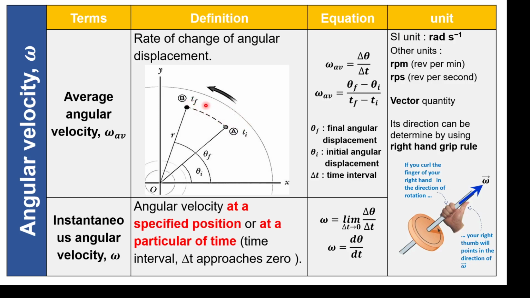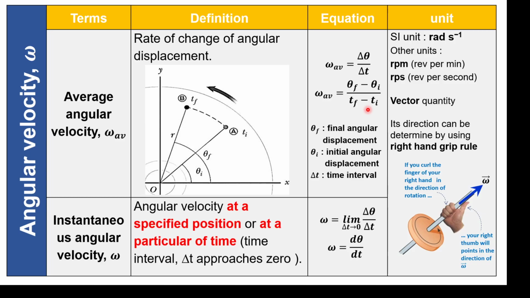The rate means the final minus the initial, per unit time, and then you would have the average angular velocity. What I just said is shown here by the equation: the final angular displacement minus the initial angular displacement, divided by the final time minus the initial time.